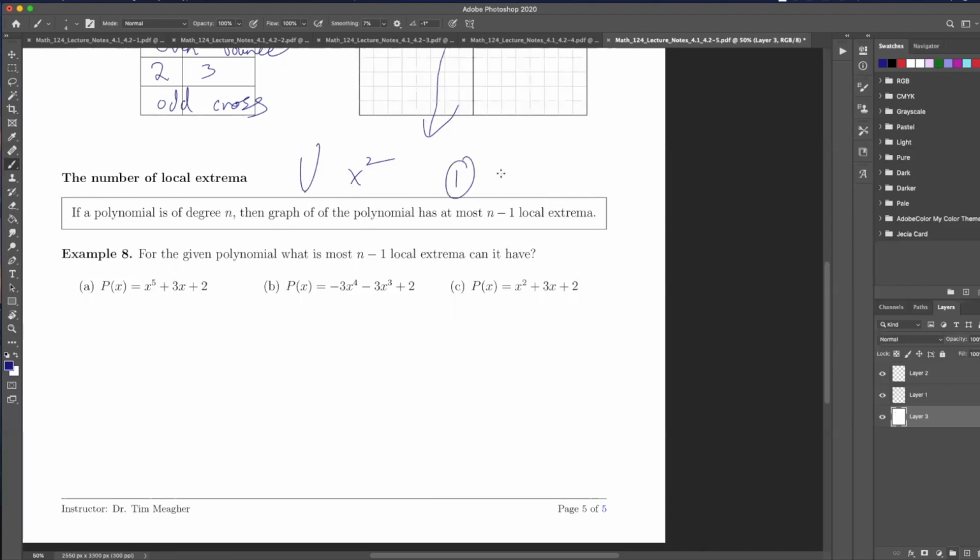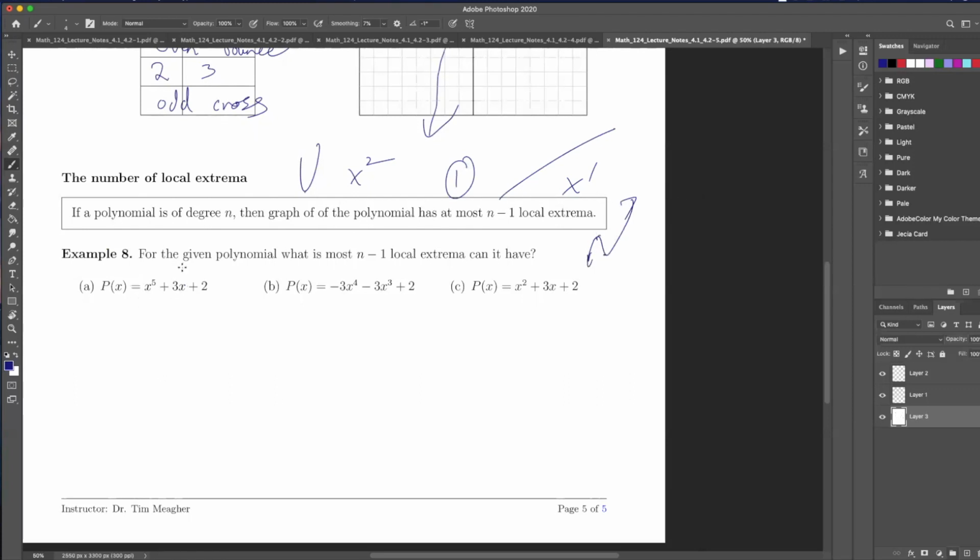It is either a min or max. For a linear equation, there is no local extrema. So that's x to the 1, and 1 minus 1 is 0, so 0 local extrema. 2 minus 1 is 1, so that was 1 local extremum. For a cubic graph, you can have at most 2, and it goes onwards.